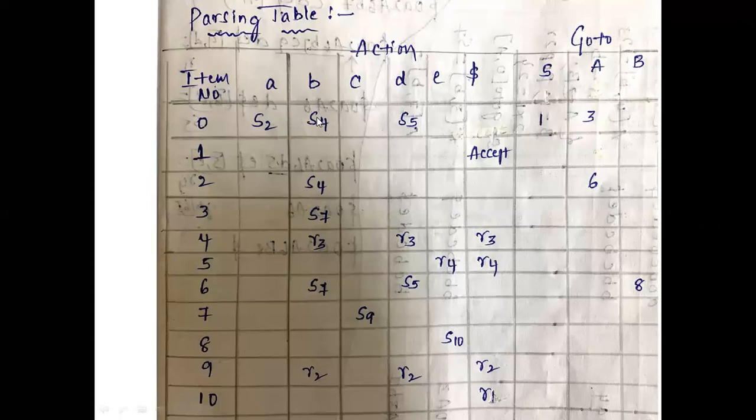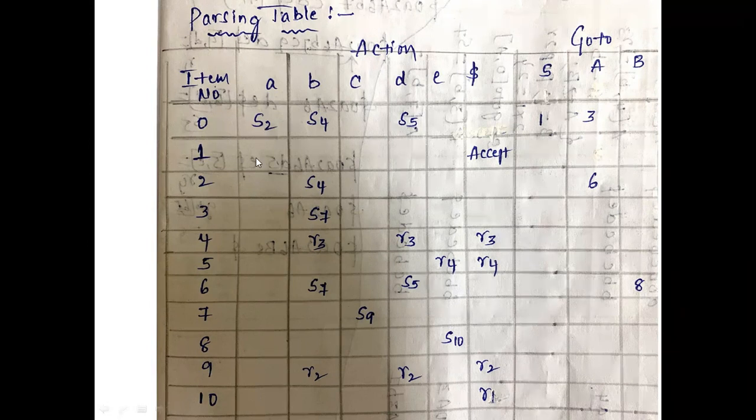From where are we taking the shifts? When we check the goto function with the item along with the terminals, whatever item we have there is converted into a shift operation. At I0 with A, I have I2 there, but in representing it in the table, I use S2.